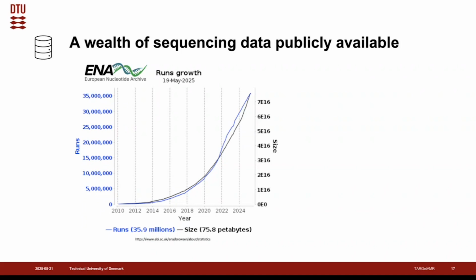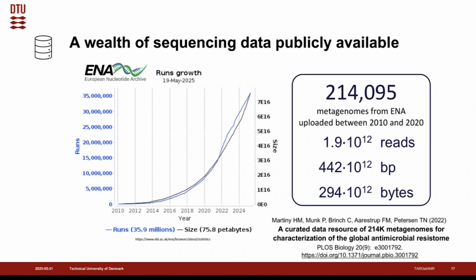So we set out with the goal of retrieving all metagenomic data that is uploaded and publicly available. I have to say here, this graph is just every kind of sequencing data that's deposited, but we ended up downloading these 214,000 metagenomic sequencing datasets uploaded between 2010 and 2020.